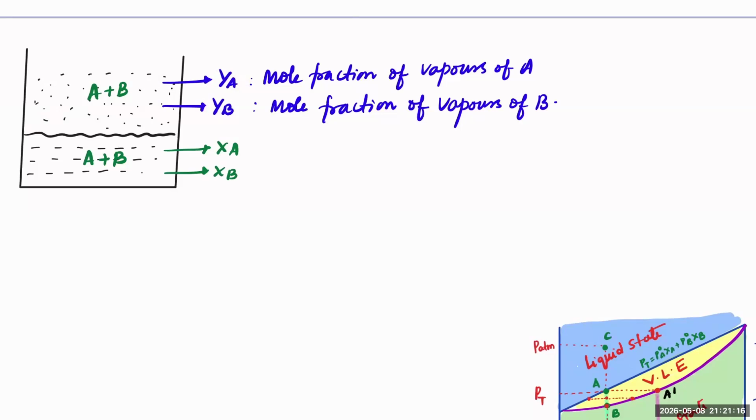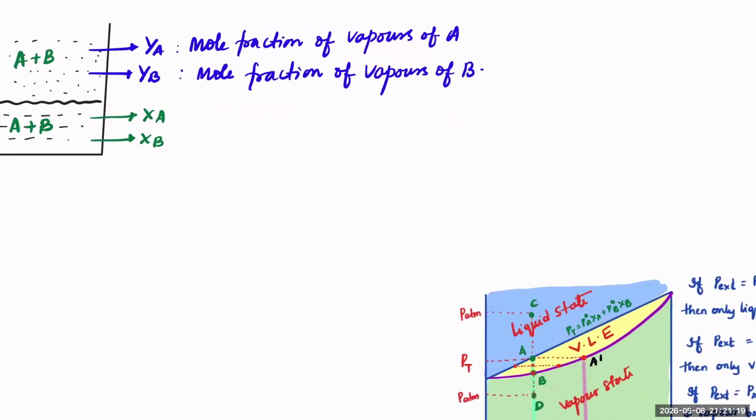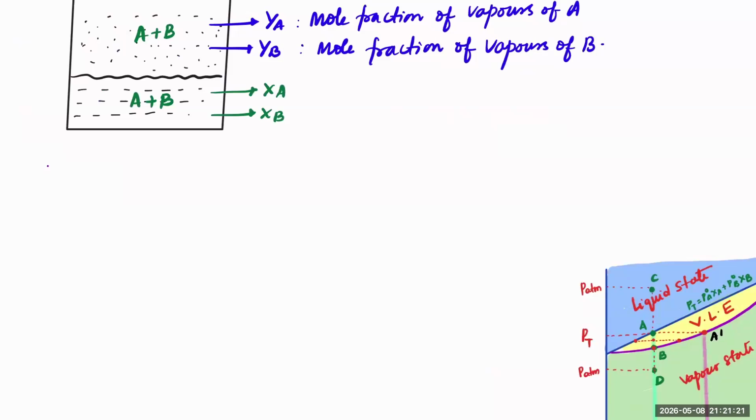So in case you have YA and YB, then what will be the partial pressure here? So you can see total pressure is equal to partial pressure of A plus partial pressure of B. And partial pressure of A is mole fraction of A into total pressure. And partial pressure of B is mole fraction of B into total pressure.